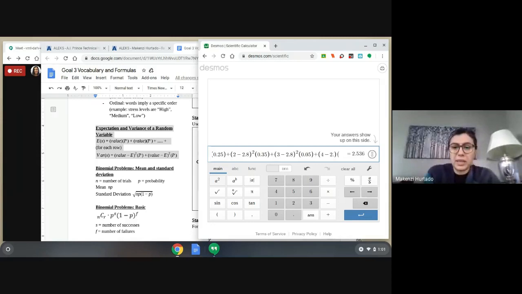Minus 2.8. Just make sure that you do not miss any of them. It makes it a little easier. Oops, see, I made a large 2 instead of a squared, so just be careful when you're doing that.